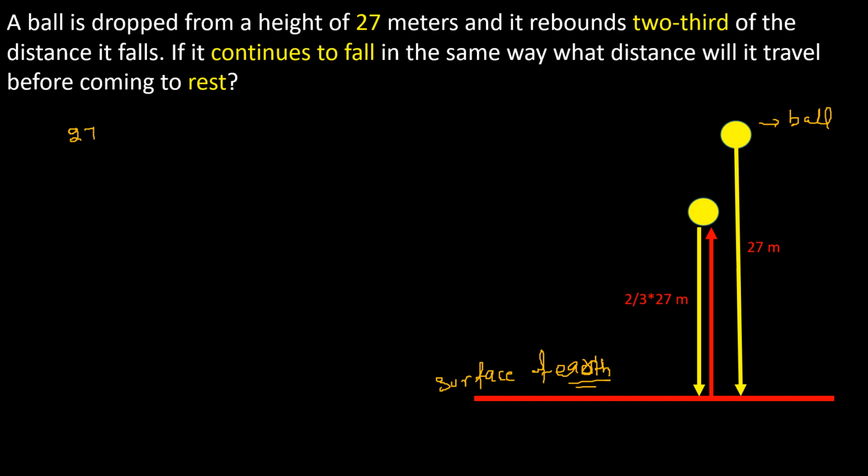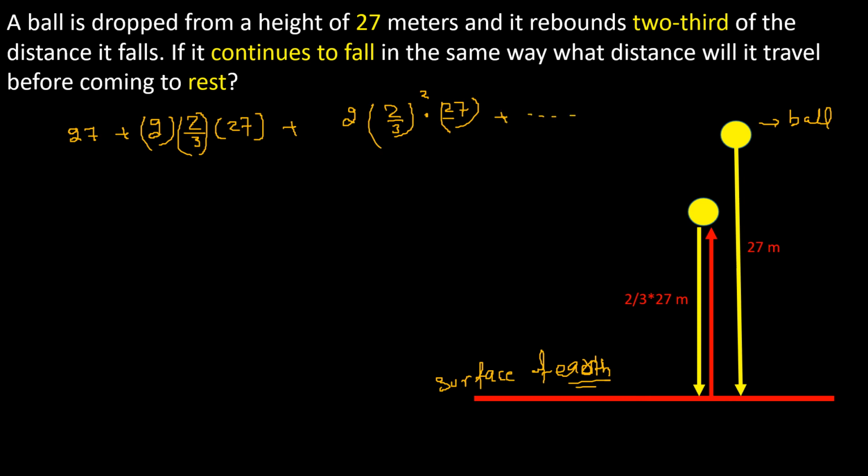On the first, it has a distance 27, then on the next it has a distance 2 by 3 into 27, and coming back, which makes it 2 into 2 by 3 into 27, and the next one again 2 by 3 times of this, which makes it 2 by 3 square times 27, and again that will be a 2 and so on.